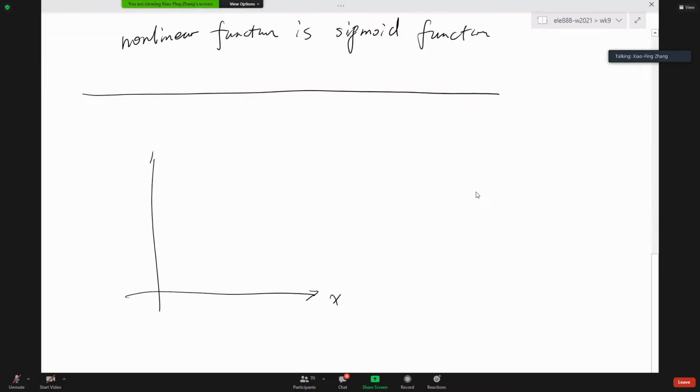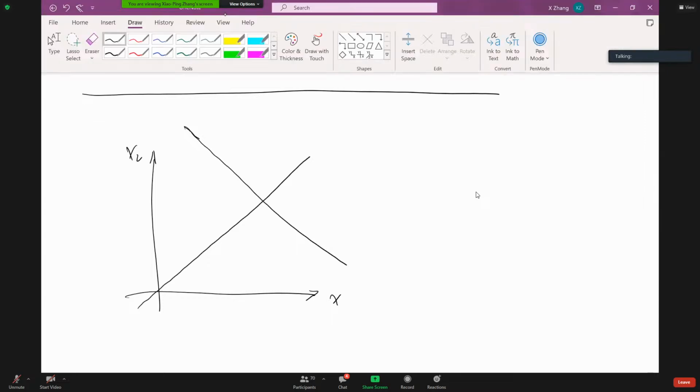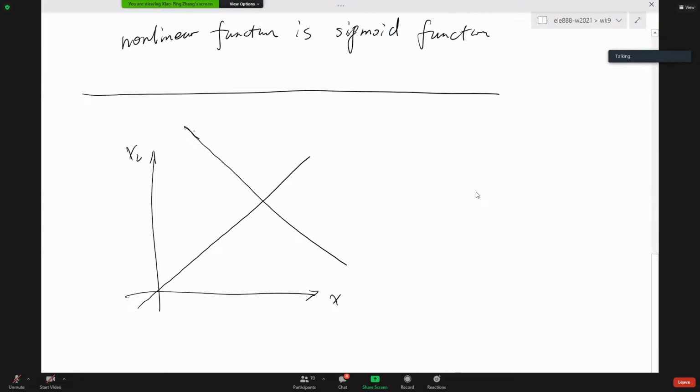Assuming this, you have a linear boundary like this, and another linear boundary like this. If I want to have a decision boundary something like this, so this is our decision region R, how can we do it?